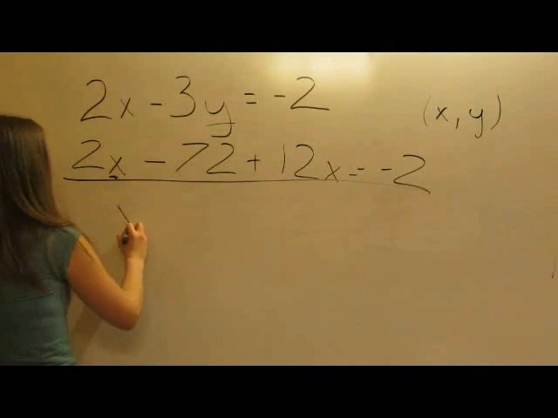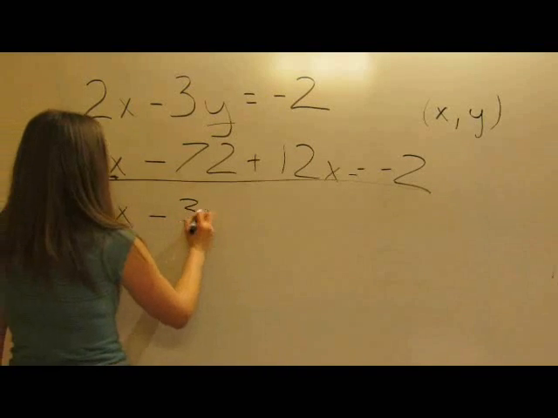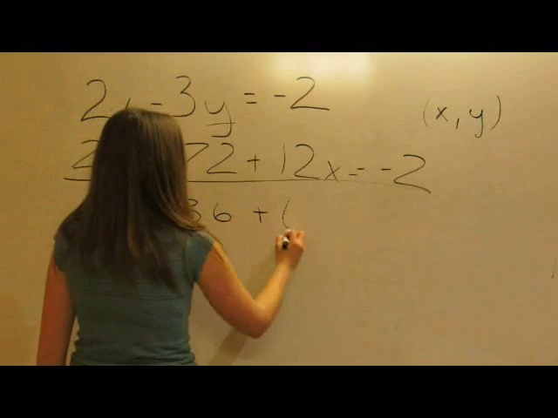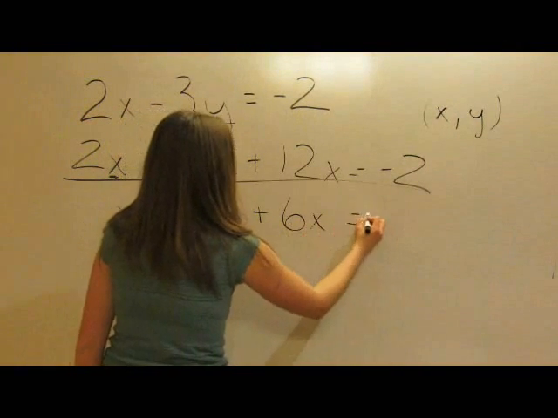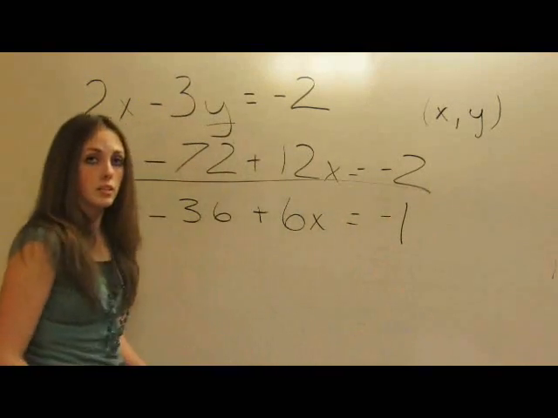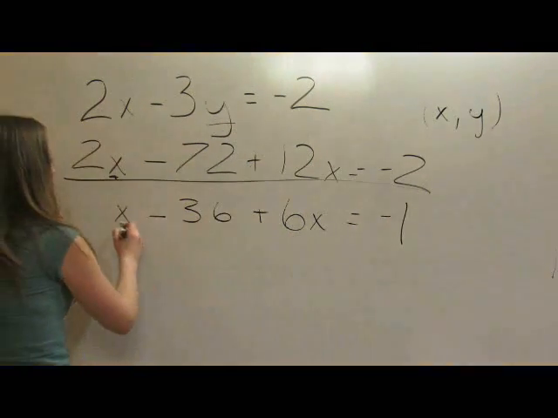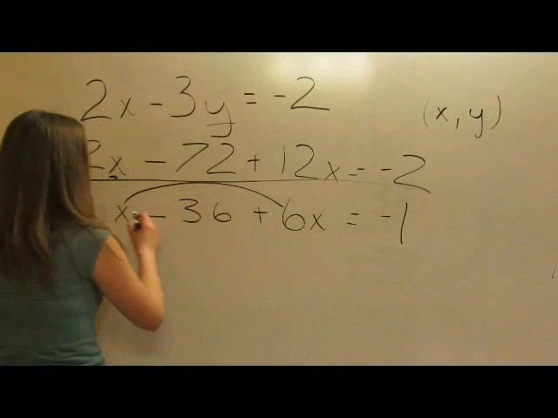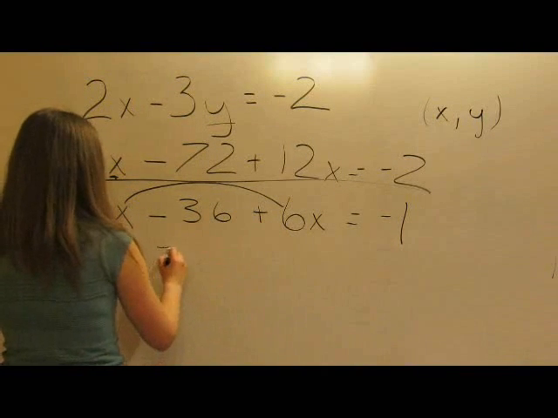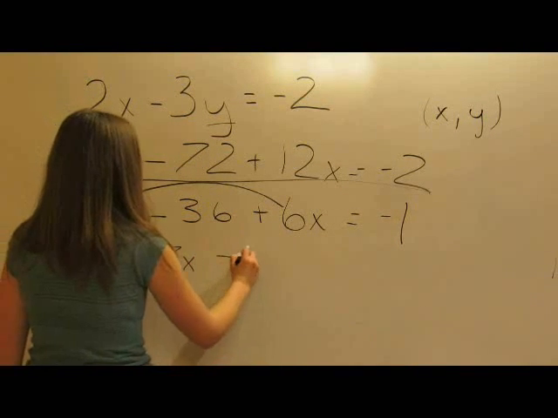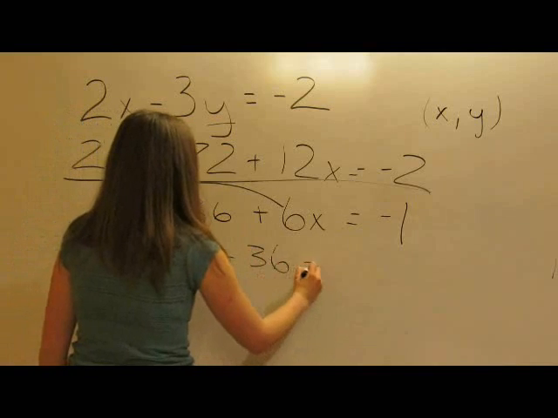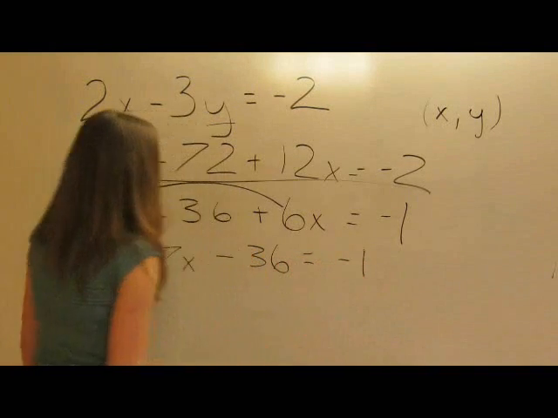That gives us x minus 36 plus 6x equals negative 1. Now let's solve for x. We can combine like terms by adding the x values together. So we have 7x minus 36 equals negative 1.